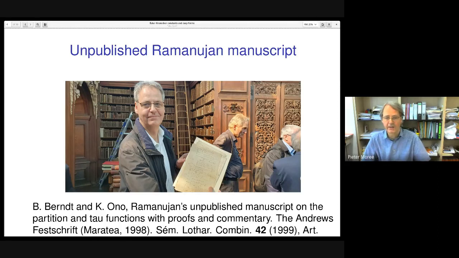The books behind me are the books that belonged to Isaac Newton, and in many he wrote comments. There were various manuscripts put on display, and one was a manuscript of Ramanujan.